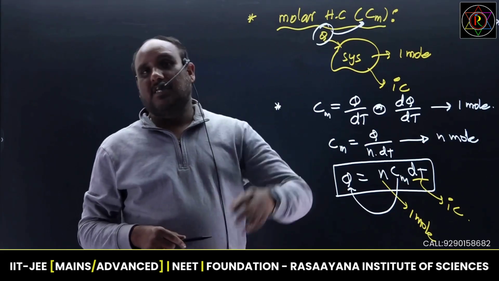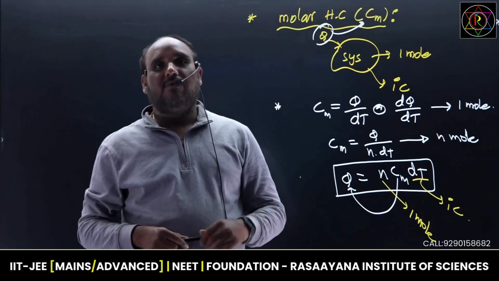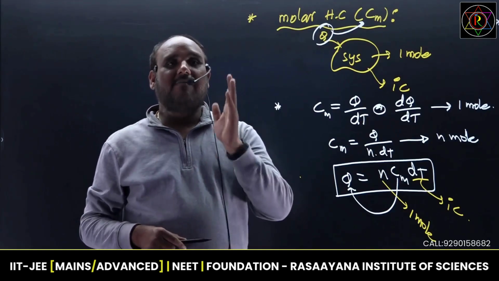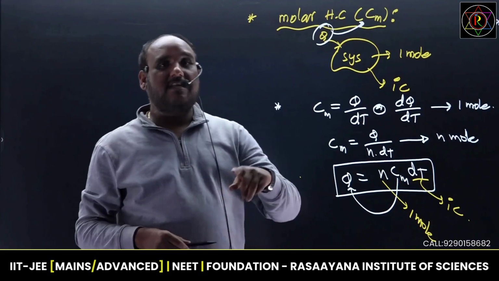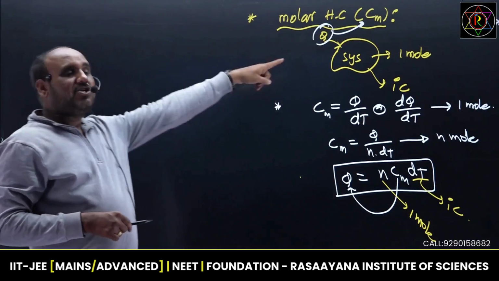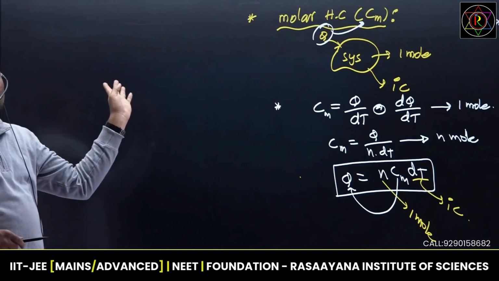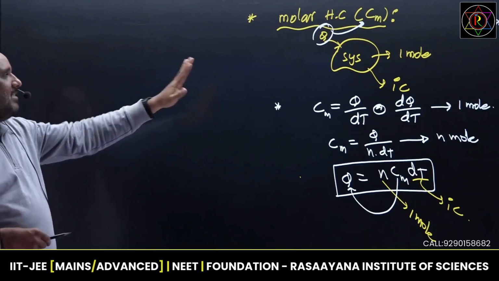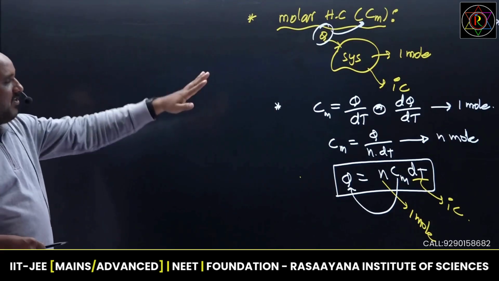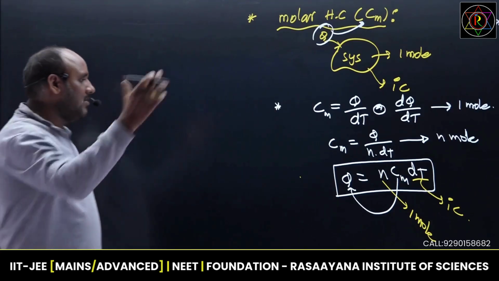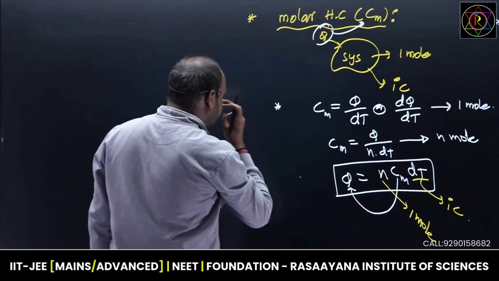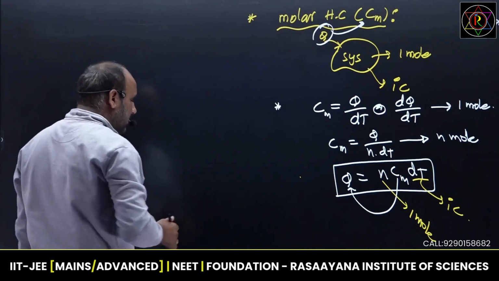Others like methane and ethane are polyatomic gases. What is the atomicity of the gas? That can be explained with the help of the CP and CV values. So we will get the easiest terminology with the definitions, equations, and also the atomicity of the gases can be explained with the help of these things.